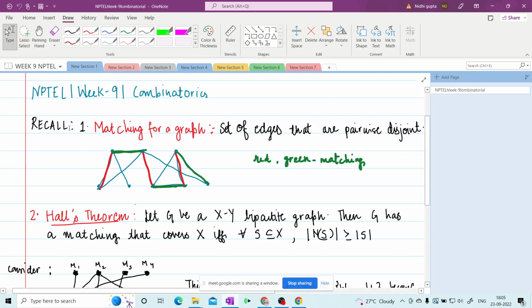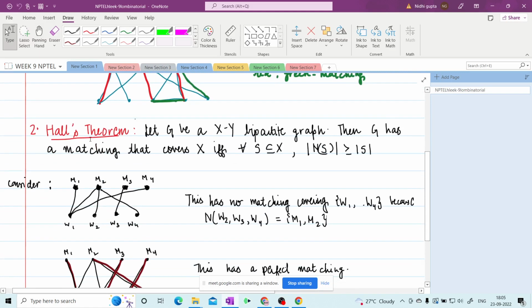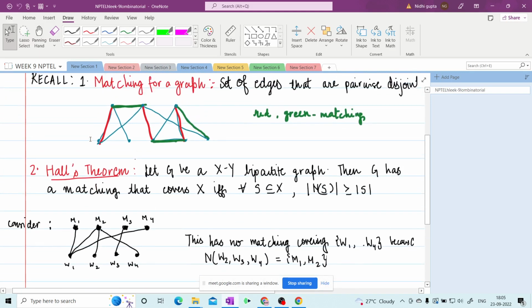Now Hall's theorem gives us a condition for a bipartite graph that guarantees there will be a matching covering at least one of these sets. So it gives necessary and sufficient conditions for that.